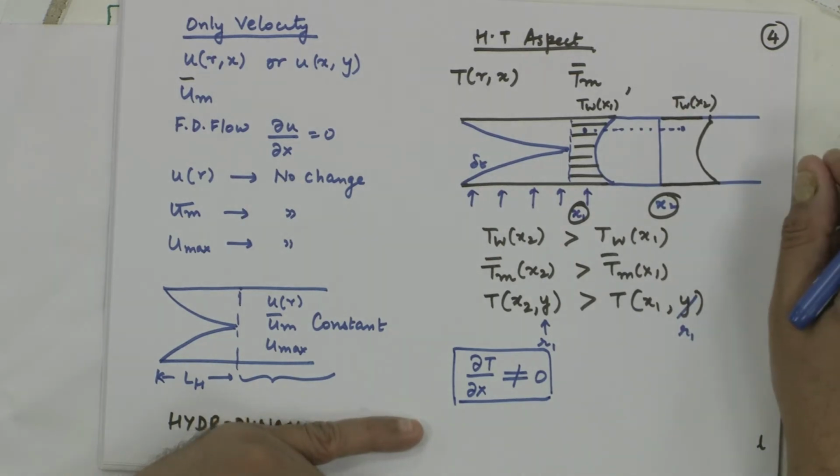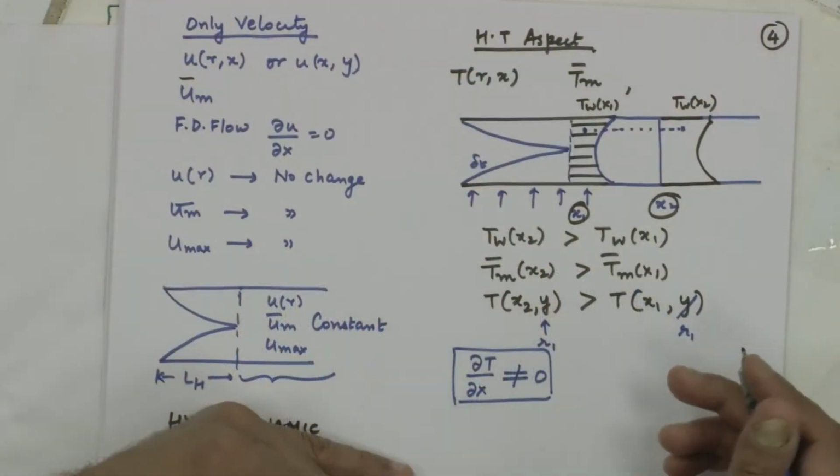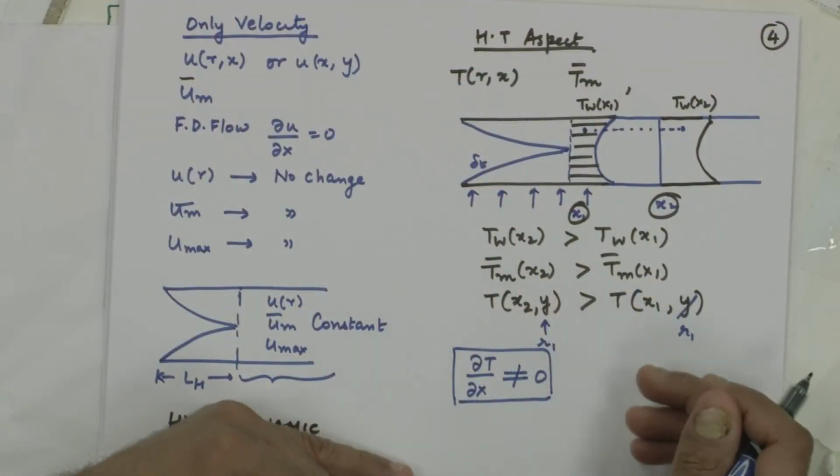So, is the flow thermally fully developed ever? This is a question which students find very difficult to understand, because hydrodynamically things are getting fully developed. But if you are talking of heat transfer, it appears as if the flow will never get thermally fully developed, and there we need to give some additional information to students.